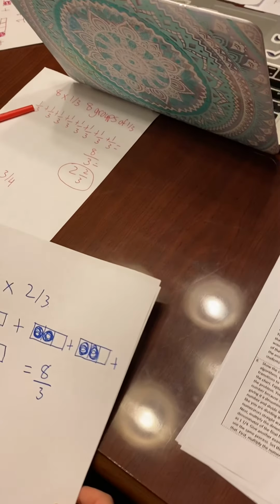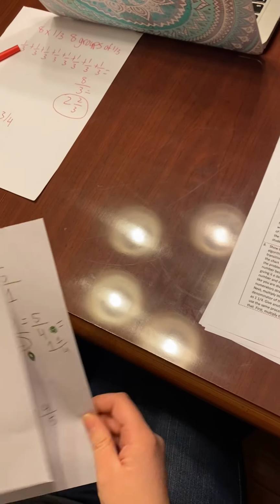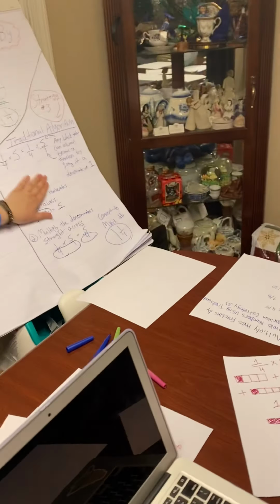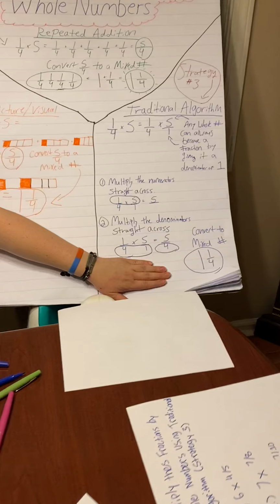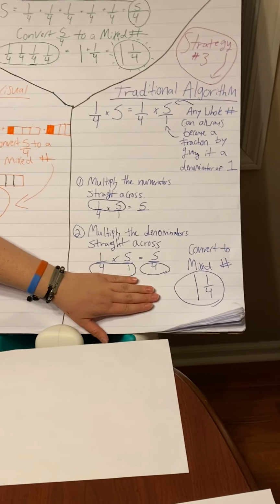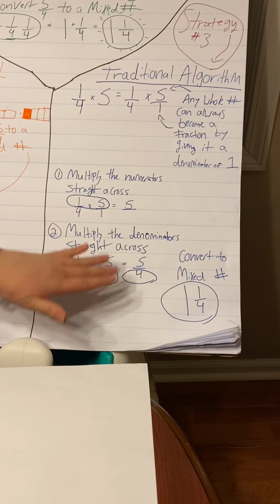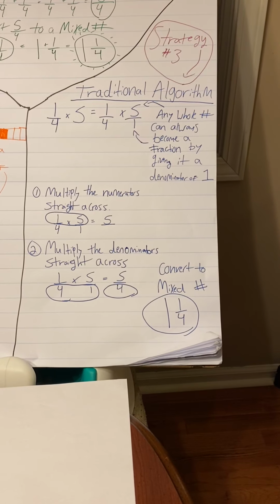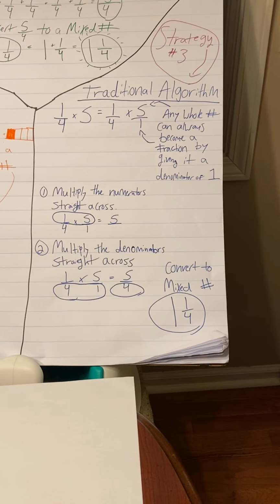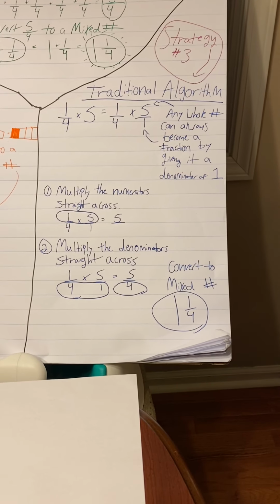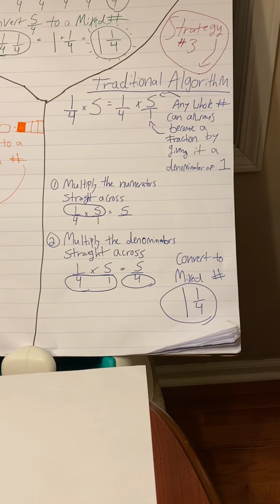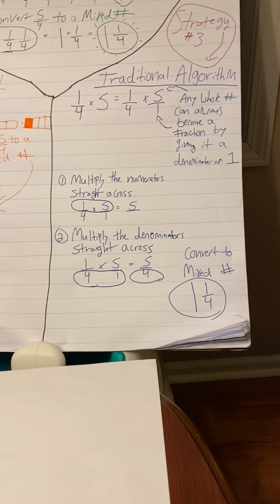And now I'm going to the third strategy for you all to use. And this is the third strategy, which is the traditional algorithm. An algorithm is just a step-by-step procedure, how you solve a problem step by step.